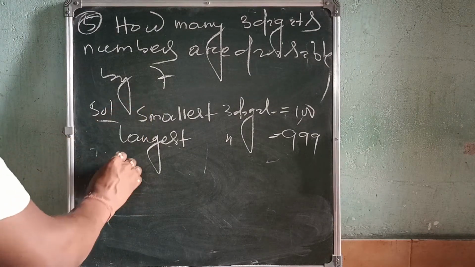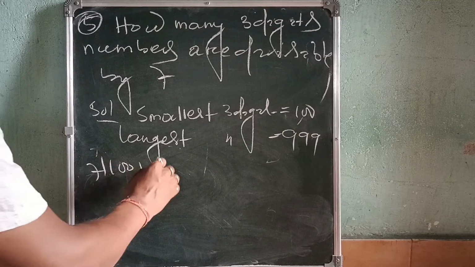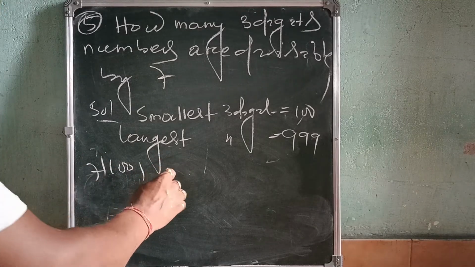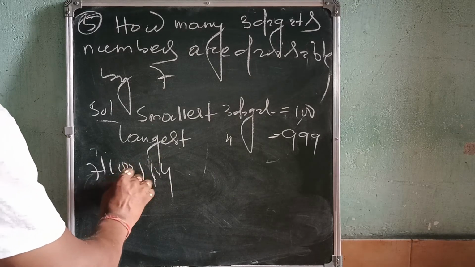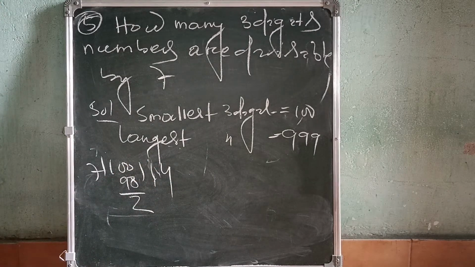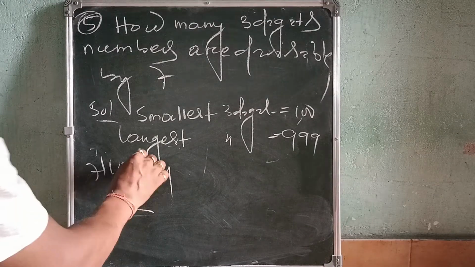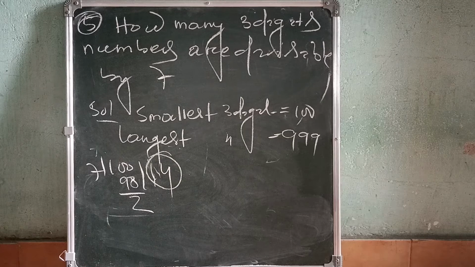Divisible by 7. So 100 divided by 7. What is your quotient when 100 is divided by 7? The quotient is 14. It may not be completely divisible, but that's not required. You just find the quotient. Whatever the remainder, it's not a factor. It may be 0, may not be 0.